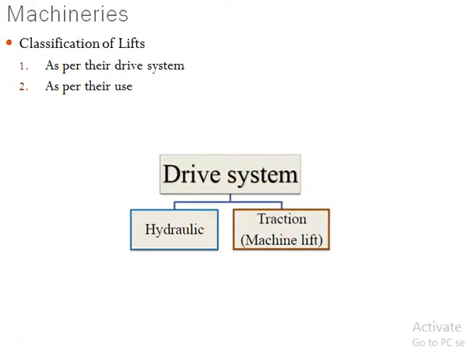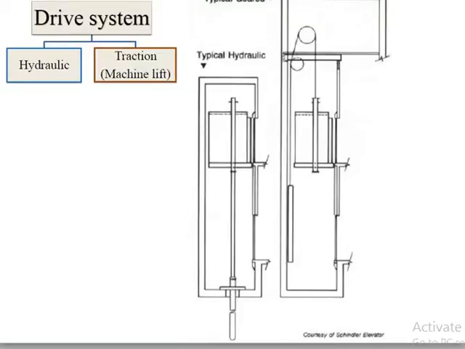We can classify lifts into two categories. The first category is the hydraulic lift and the second category is the traction lift. We can also classify lifts as per their use. In the classification based on the drive system, the hydraulic lift works on the principle of a hydraulic piston.